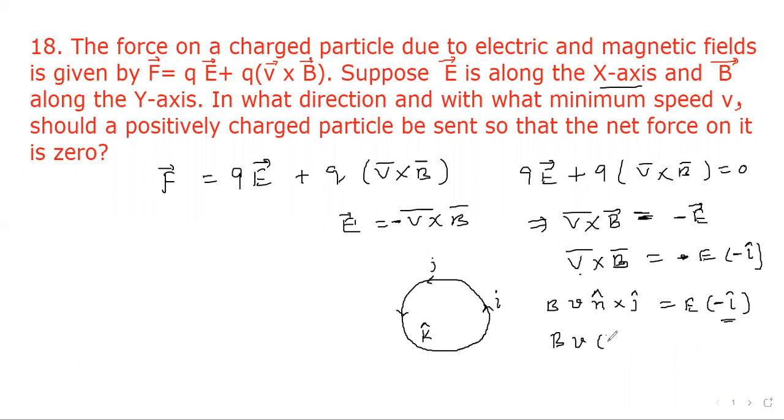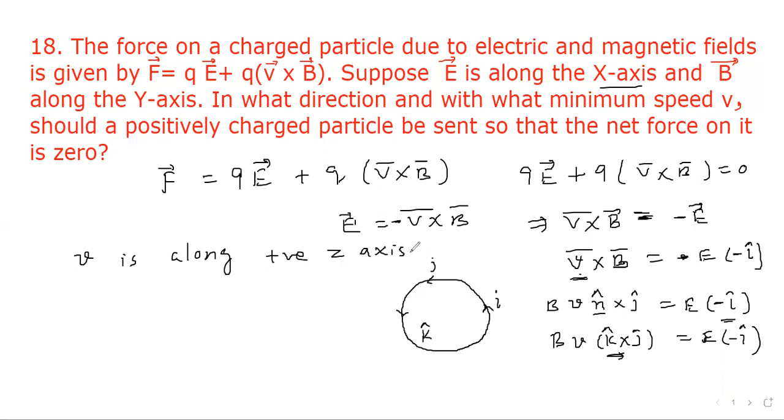BV k cross j will give E times minus i cap. It means this velocity V is along positive z-axis.